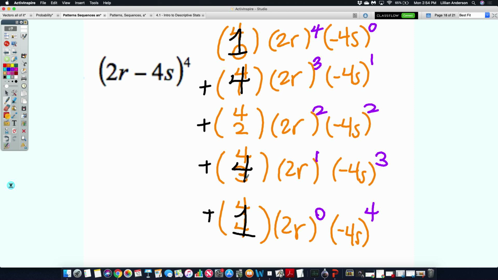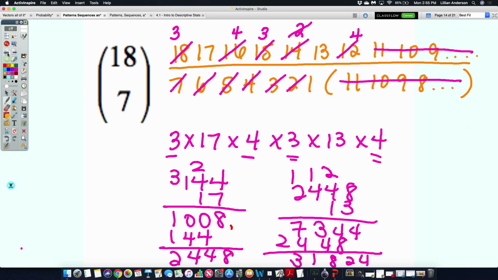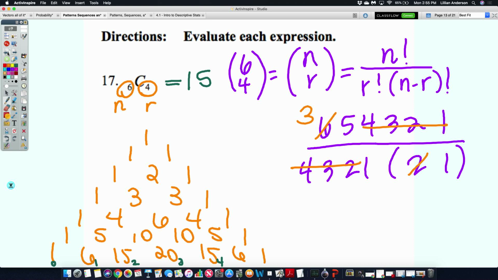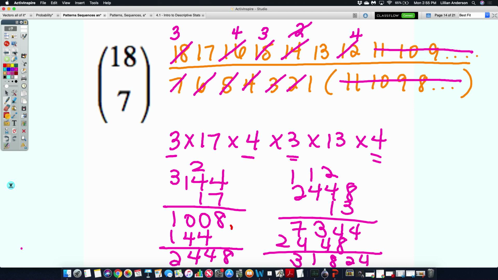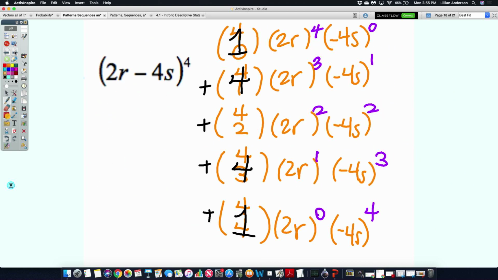What's the one in the middle? 6. Remember, they come from Pascal's triangle, or we can do this here. There's the 4th row. So again, we either use this formula, or we can use our knowledge of Pascal's triangle.